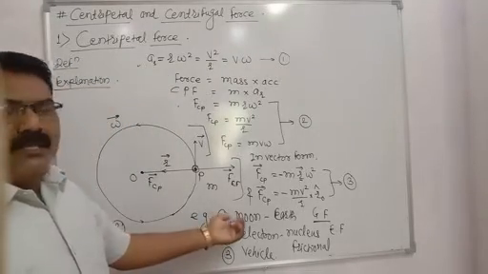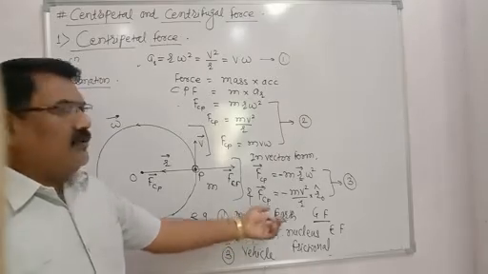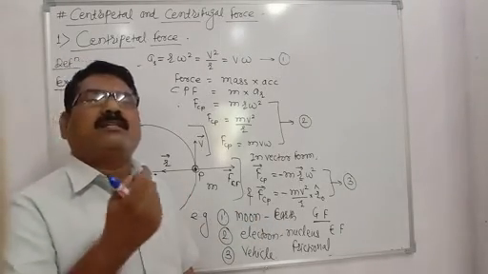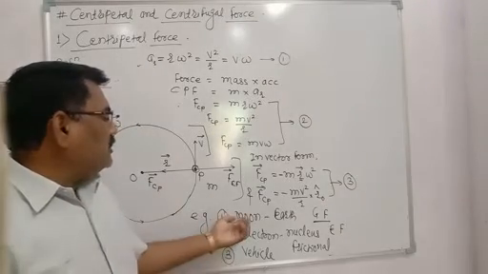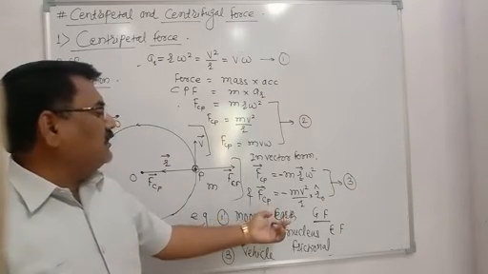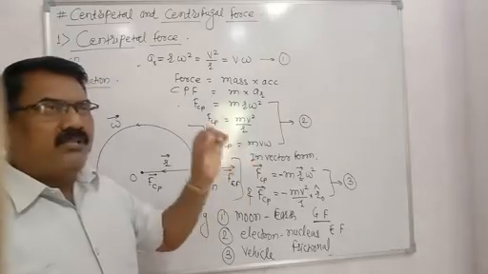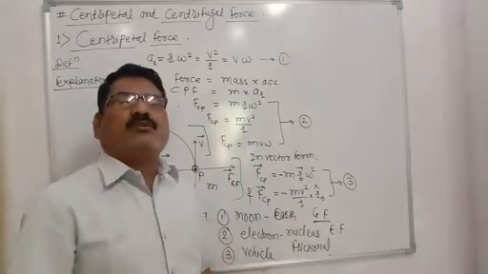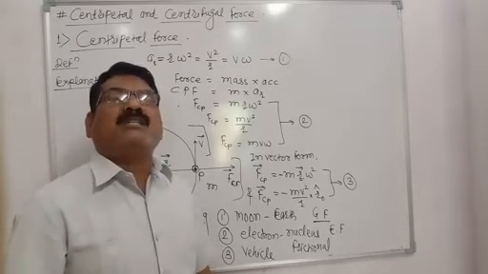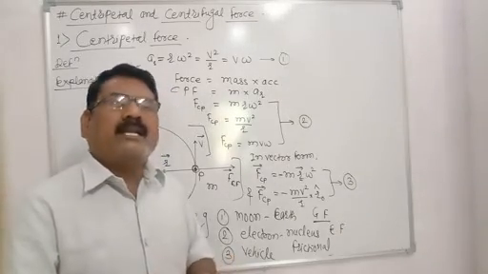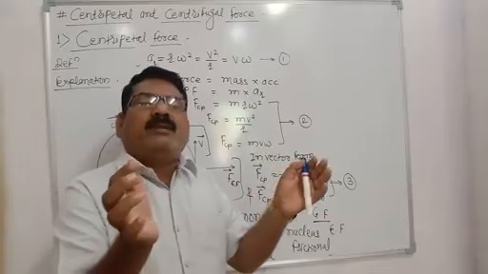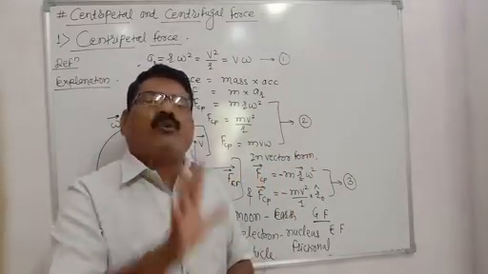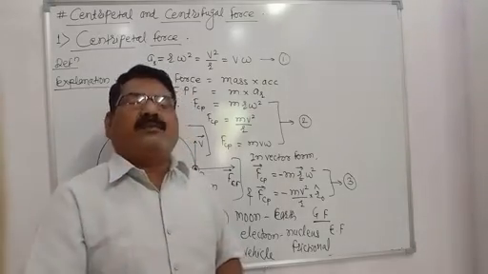That is, for the circular motion of the moon around the earth, you have seen that the moon revolves around the earth in a circular orbit. So for the circular motion of the moon, the centripetal force is provided in the form of gravitational force of attraction between the earth and the moon. Means there is a gravitational force of attraction between them, and that force provides the necessary centripetal force.